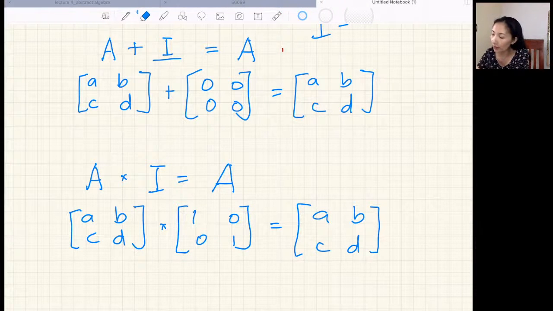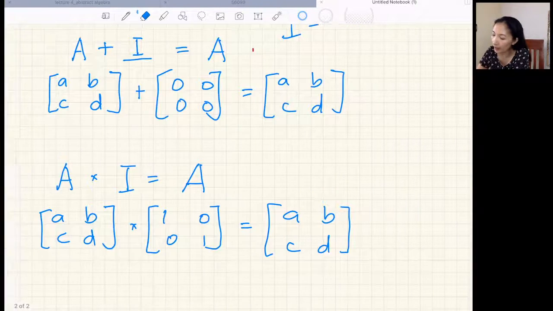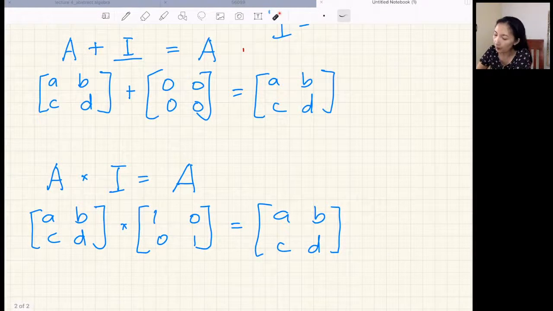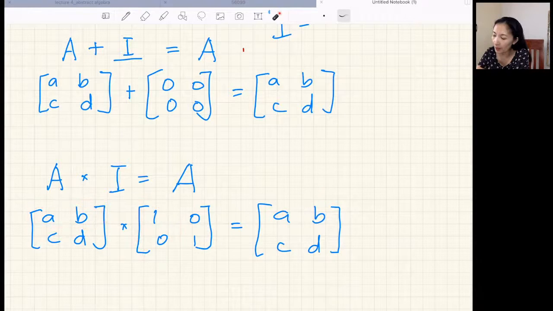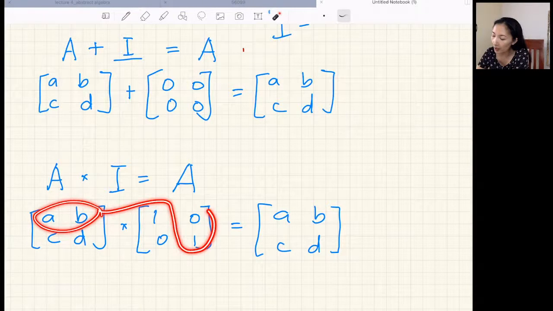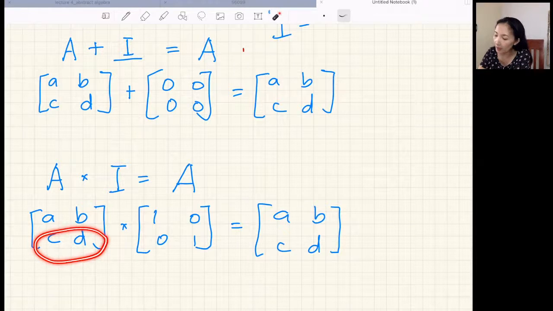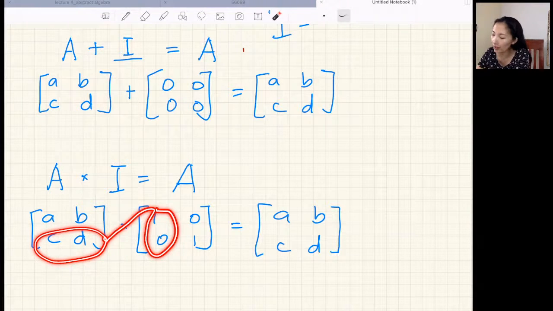We can always verify by multiplying the two. A times 1, B times 0 will give A, correct? And then A, B times the next column, A times 0, B times 1 will give B, correct? Next, C times 1 is C and D times 0 is 0, giving C, correct?